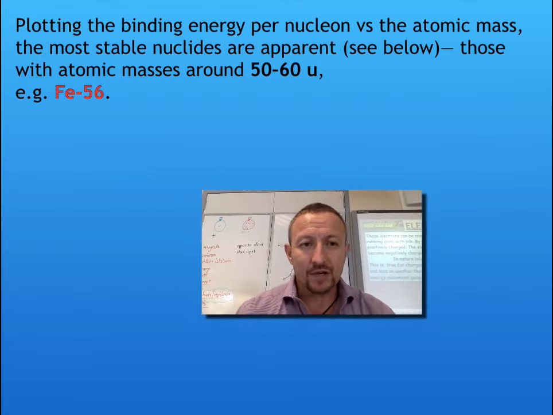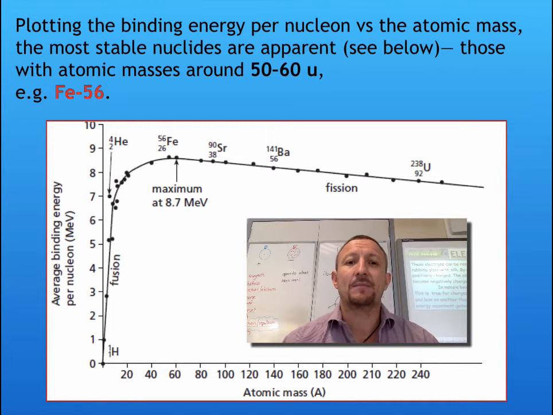The graph will show the atomic mass and the amount of binding energy per atomic mass. Remember, the atomic mass is made up of those protons and neutrons, hence the nucleons. So as the mass goes up, we would expect to see a change in the binding energies, and we notice a number of things.